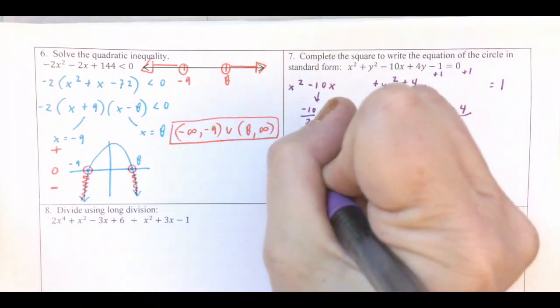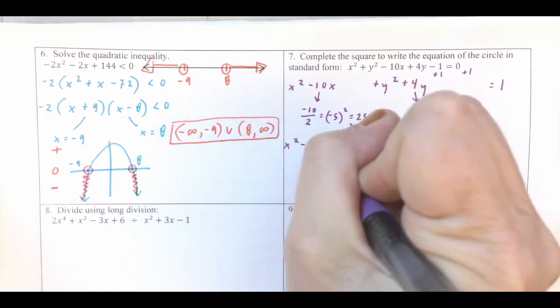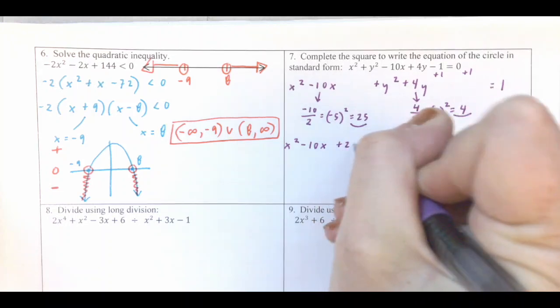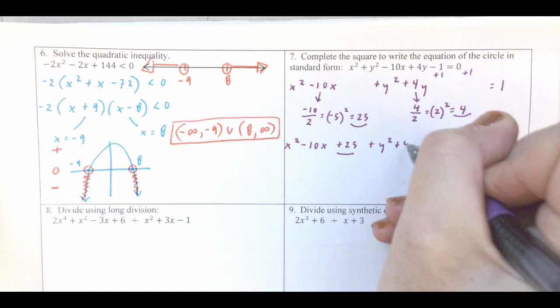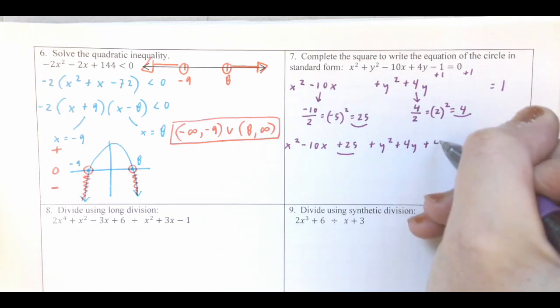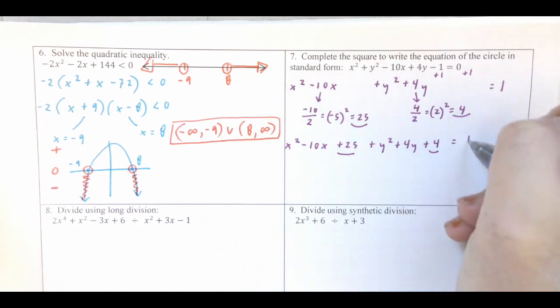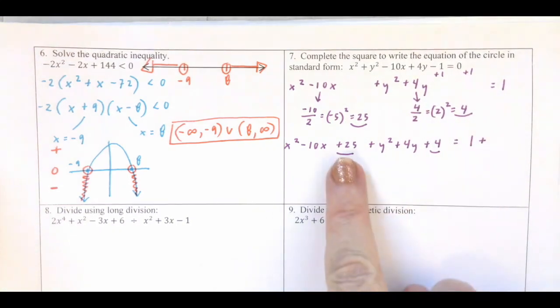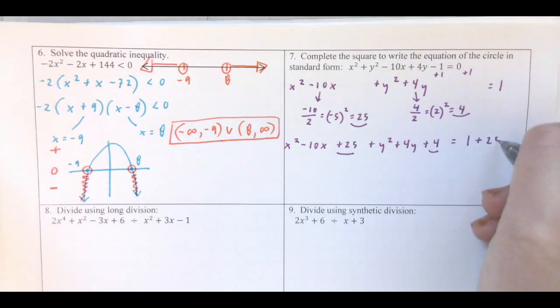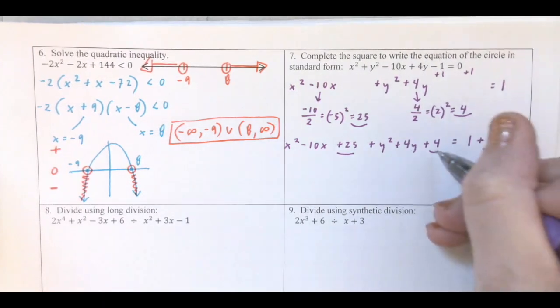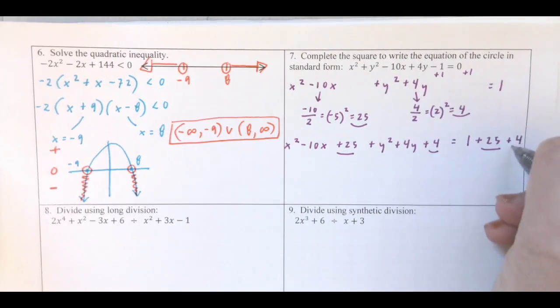So now on the left, we have x squared minus 10x plus 25 plus y squared plus 4y plus 4 equals 1 plus. Can't just add 25 to the left. I got to balance it on the right. And same with the 4 right there.